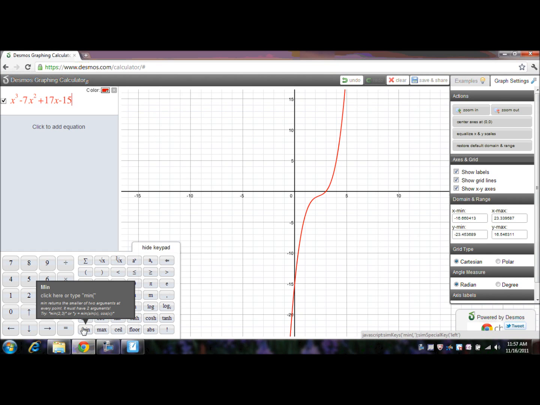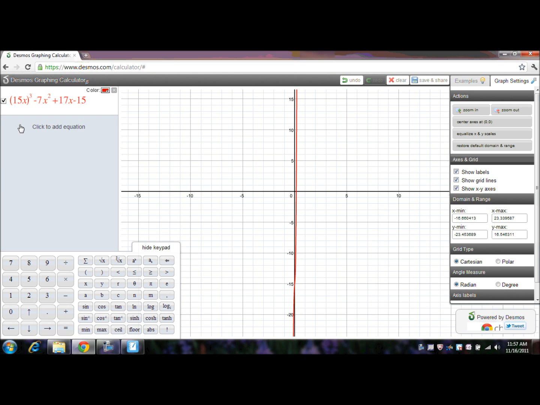So it's going to be 15x to the third. All right, so I have 15x to the third, and then I have plus 61 x squared plus 2x minus 8.